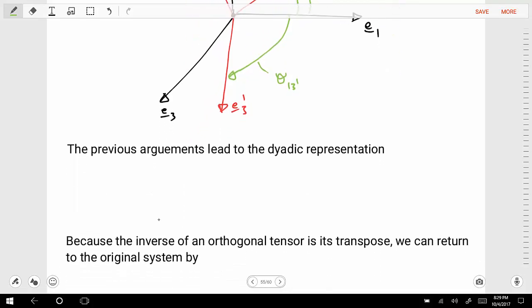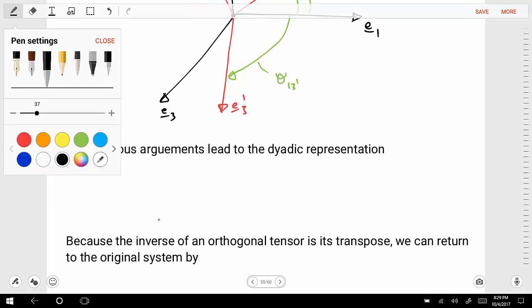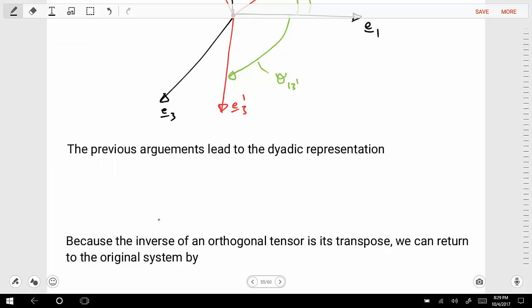So from our previous arguments, we'll find that we can actually have a dyadic representation of this transformation tensor, where our transformation tensor is equal to e_k prime and e_k, the dyad of those two.